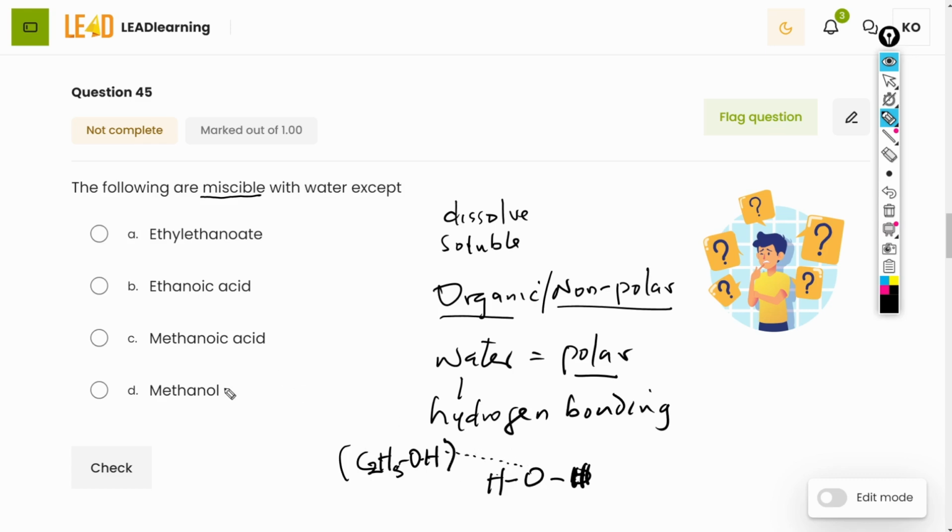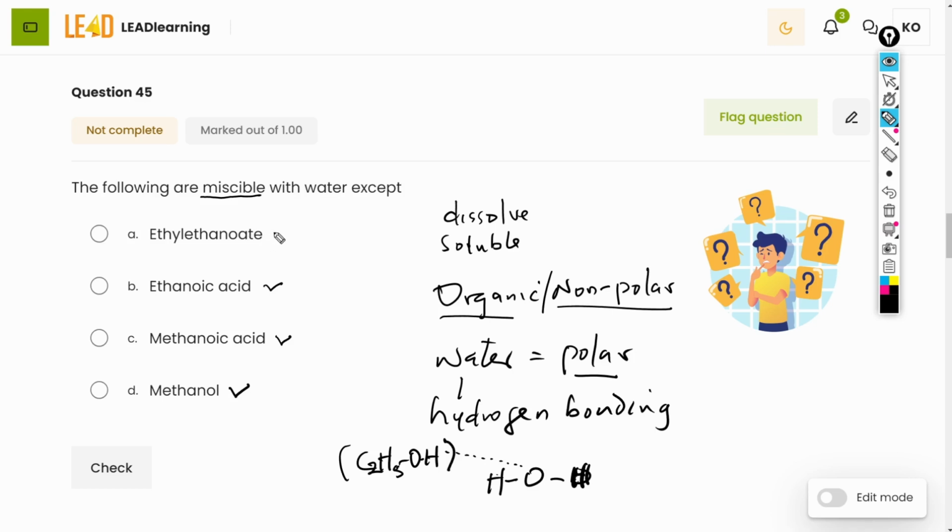So methanol is a primary alcohol. All primary alcohols can form hydrogen bond with water because of their small structure. Methanoic acid is a simple alkanoic acid. Again, because of its simple structure, it can also form hydrogen bond with water. Ethanoic acid is also a simple alkanoic acid and can form hydrogen bond with water.